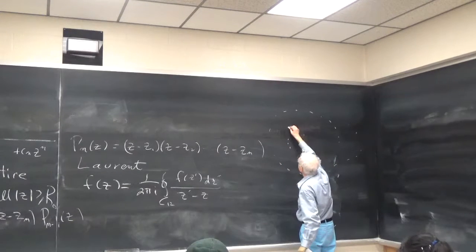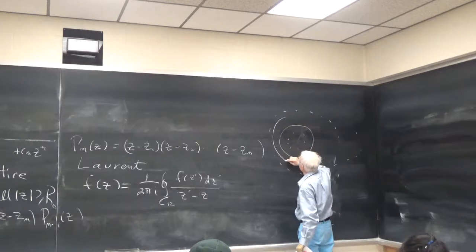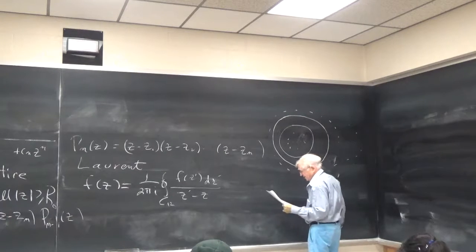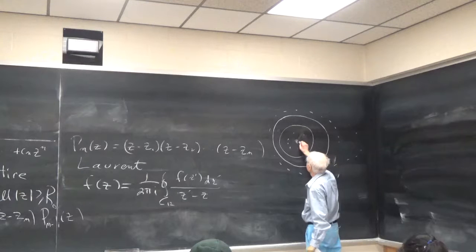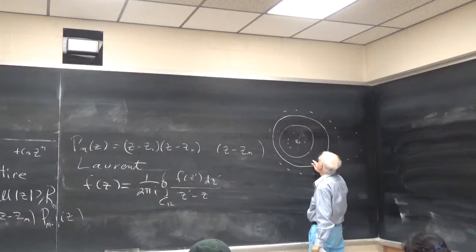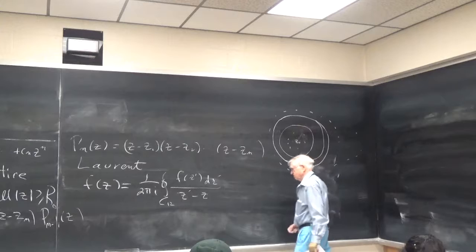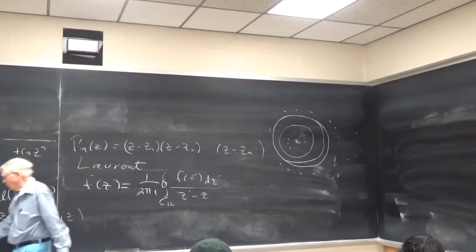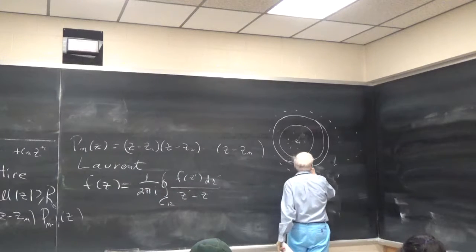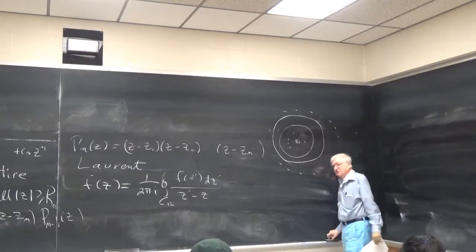What we're using here is the idea that we have a region of analyticity. These are supposed to be two circles, so let me redo the circles so that they're a little bit more what they're supposed to be. The idea is we have two circles of different radii, both with center at z0.